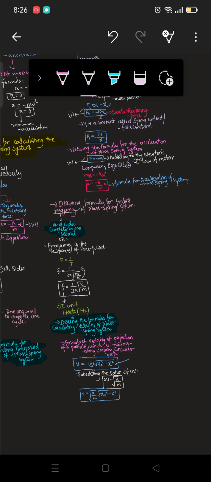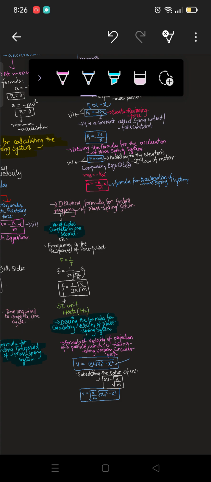which is equal to under root k over m into under root x naught square minus x square, where k is the spring constant, m is the mass of the body, x naught is the maximum displacement, or you can say amplitude, right, which in the projection of a particle along a uniform circular path was equal to r, the radius of the circle.